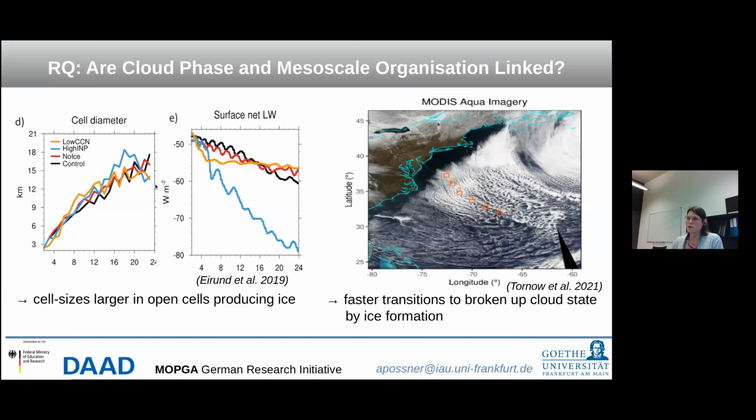And the line that I want to focus you on is the blue line here that shows that after some time, we tend to grow larger cells in simulations that generate a lot of ice production. And then this translates into a noticeable radiative effect, because as they increase in cell size, you detrain less cloud within the cell centers.